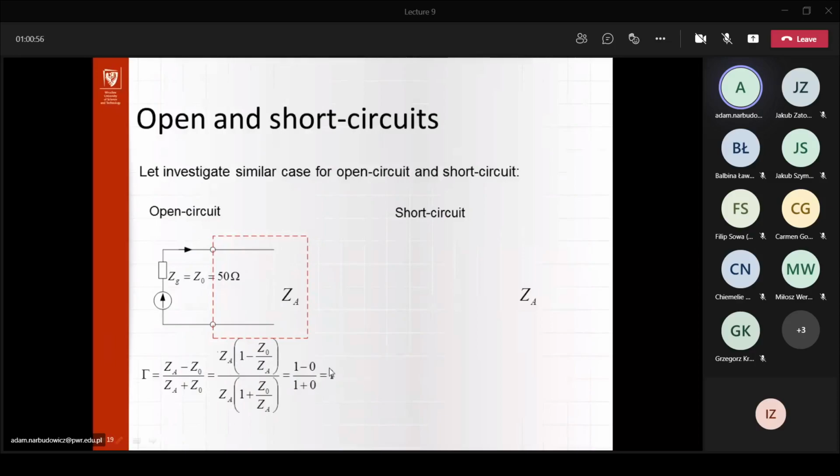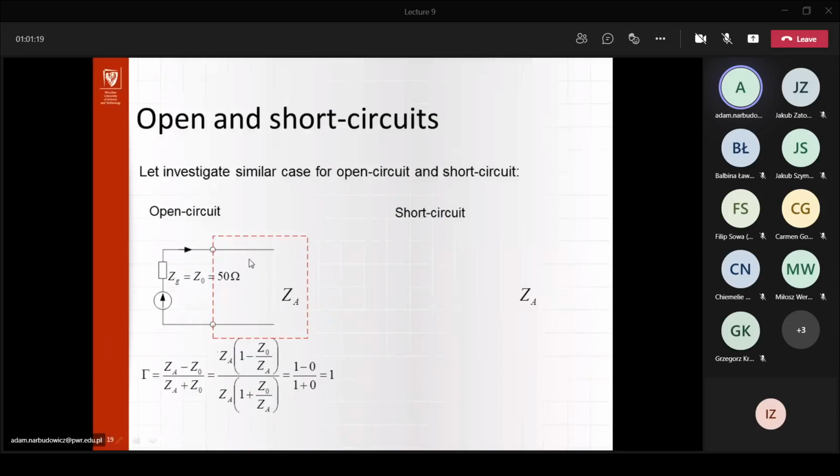So at the end of the day, we have a 1 for the open circuit, which means basically all of the signal gets reflected back into your transmitter. That shouldn't be that surprising if you consider that it's an open circuit.